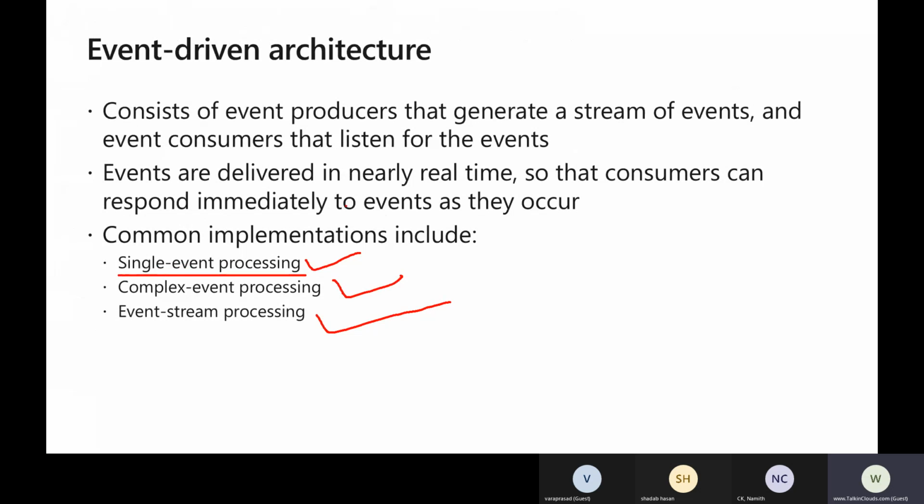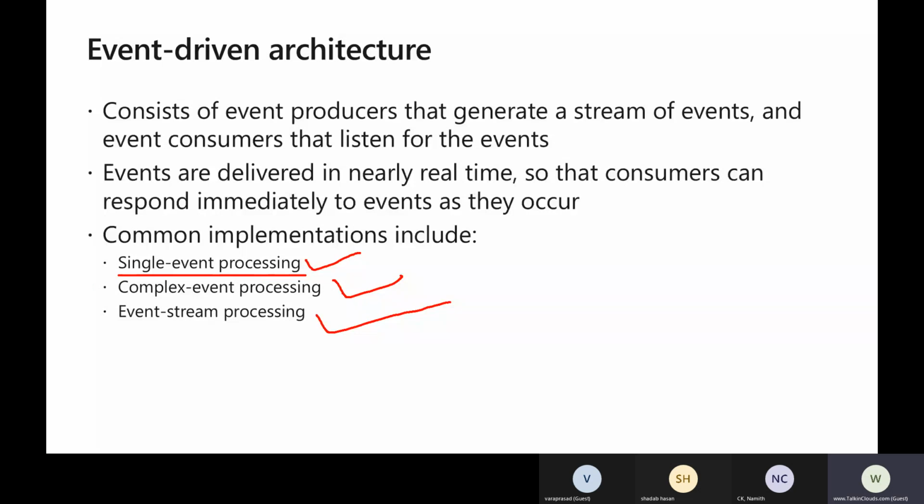Let's suppose that an event occurred, and based on that event, you immediately want to trigger some function or take immediate action. For example, you have a storage account and someone has deleted or added a file. You want to take immediate action on those. So you execute an Azure function or any webhook, and you take action immediately. So for the single event, you are doing an action.